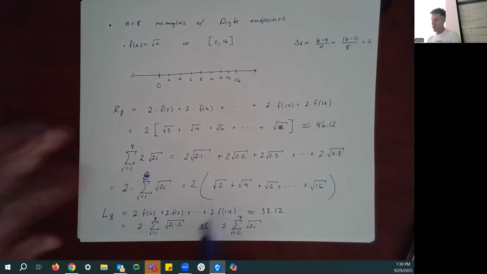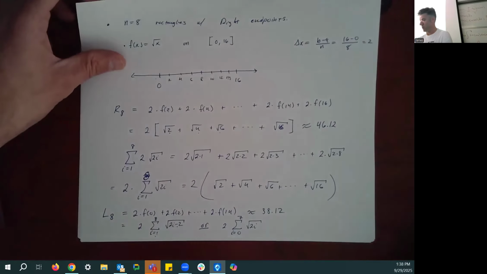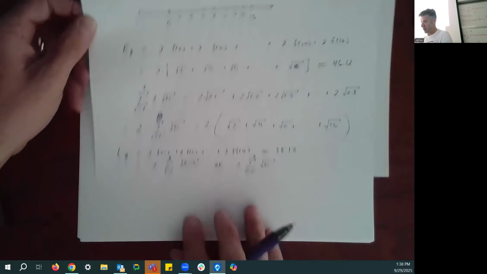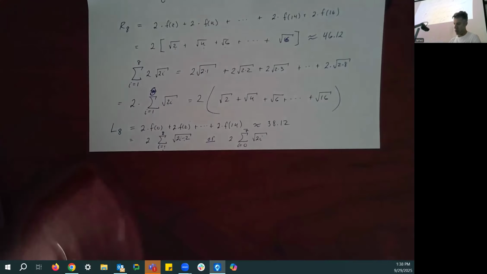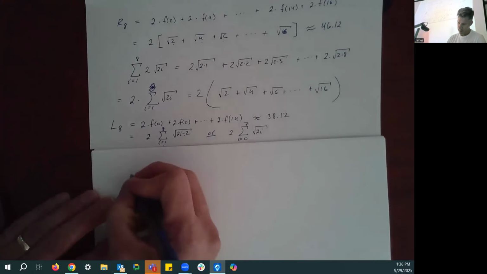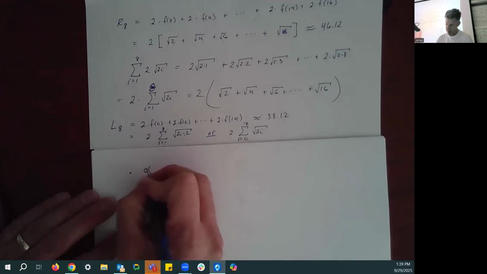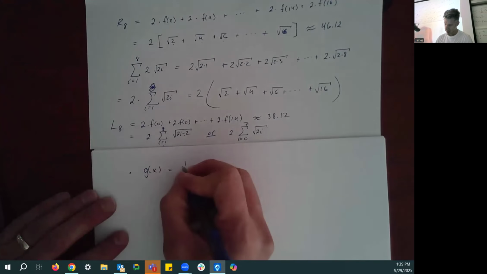So before we say more about this one, I do want to show you one other example though. In fact, I would like you all to try one on your own for a moment. Let's say the function is g of x equal to 1 over x.